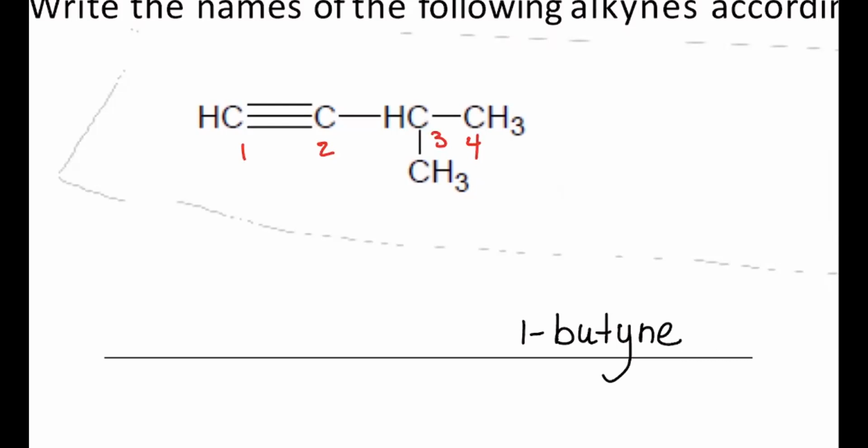And what about the substituent? What will be the name? Great. 3-methyl-1-butyne. Understand that the cis and trans business that we just discussed only exists in alkenes, not alkynes.